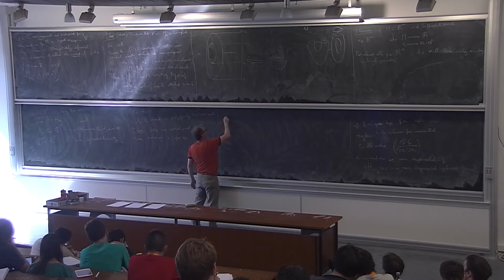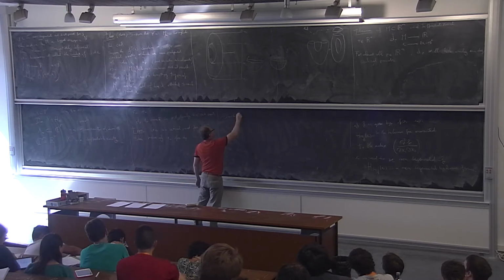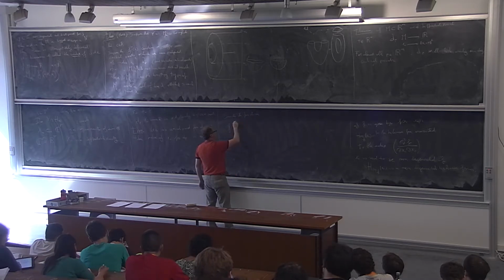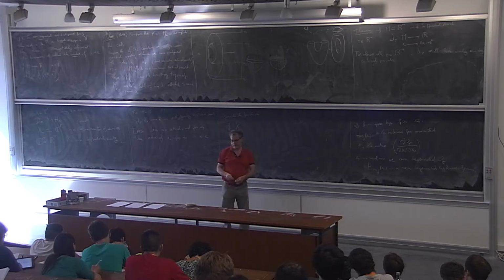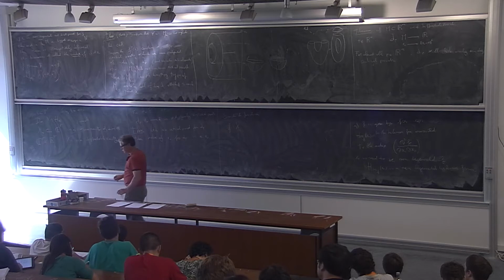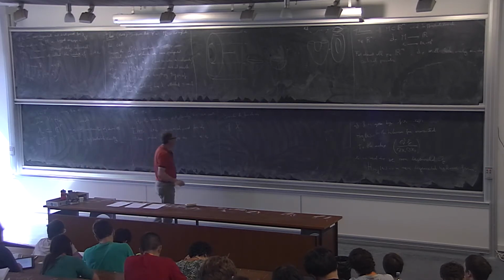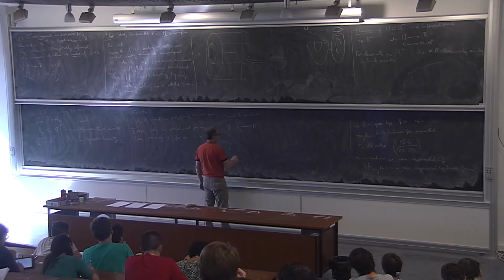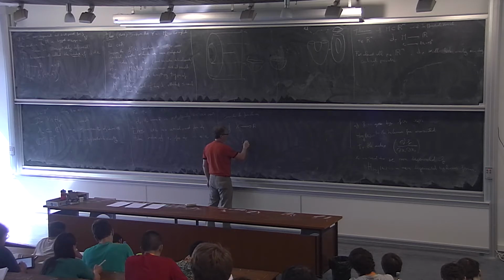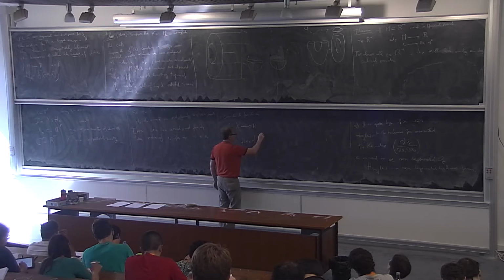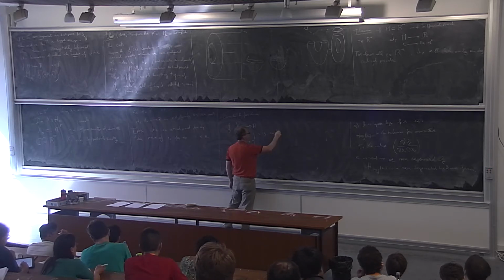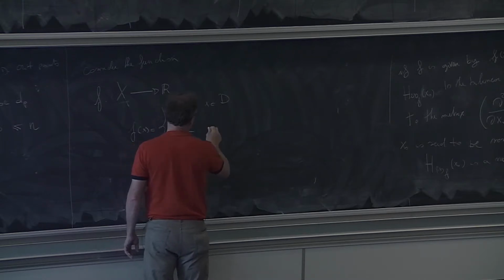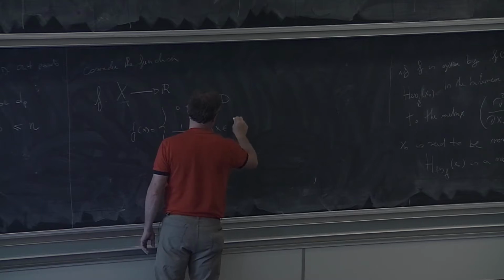I will consider the function f from X to R, which is given by f of x equal to 0 if x belongs to D, and 1 over dp of x if x is in X0.